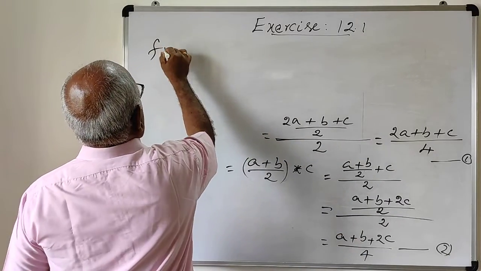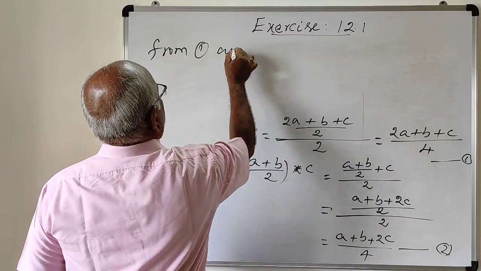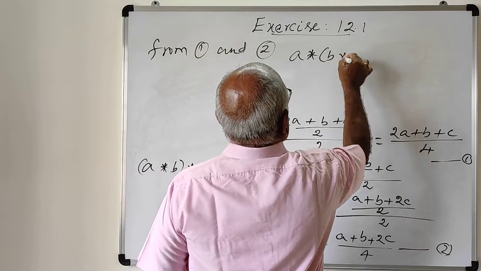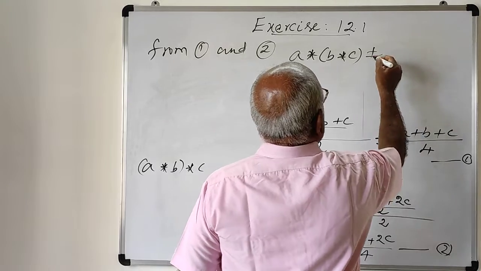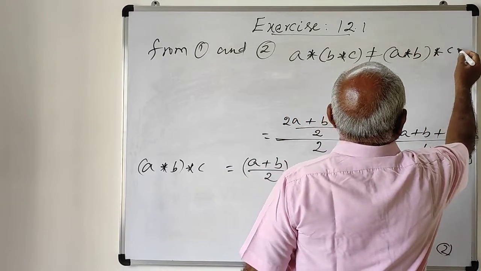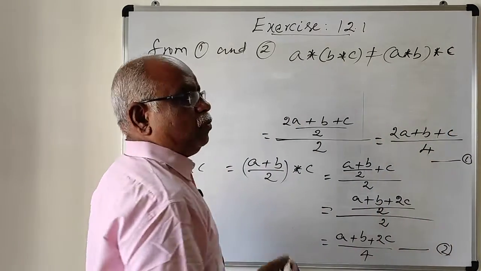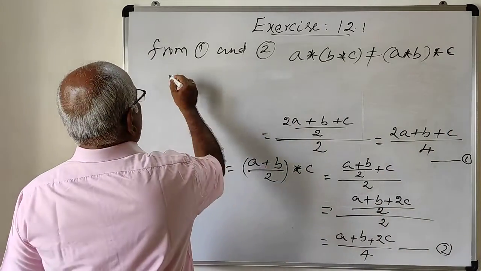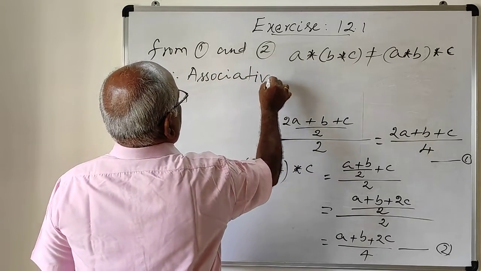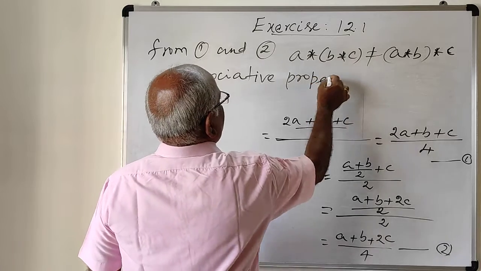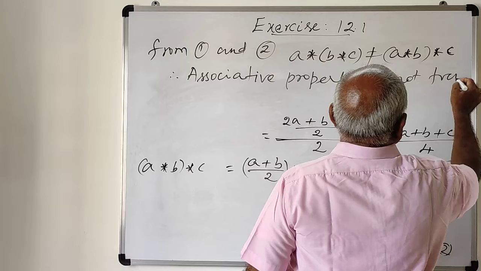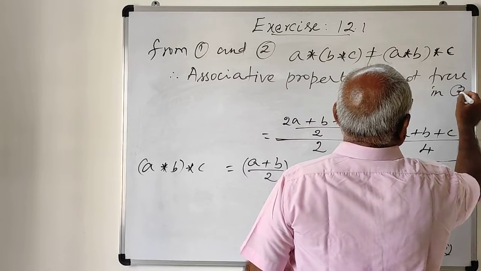Therefore, from 1 and 2, a star (b star c) is not equal to (a star b) star c. Therefore, the associative property is not true in Q.